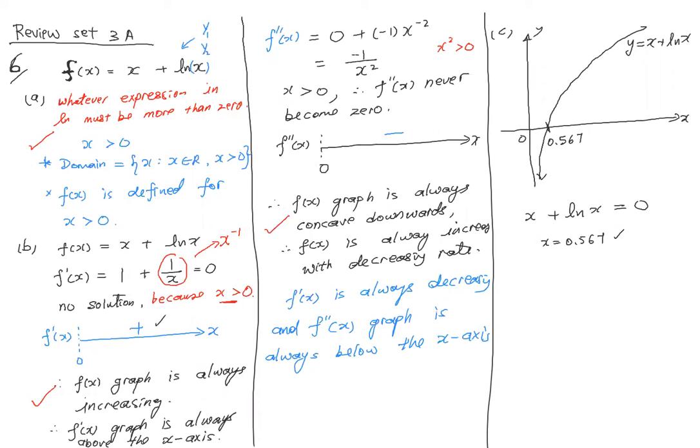You press Y, and then you put in the equation x plus ln x, and then you go to the window, you put x minimum 0, maximum 20, and then you press zoom, and zoom fit.